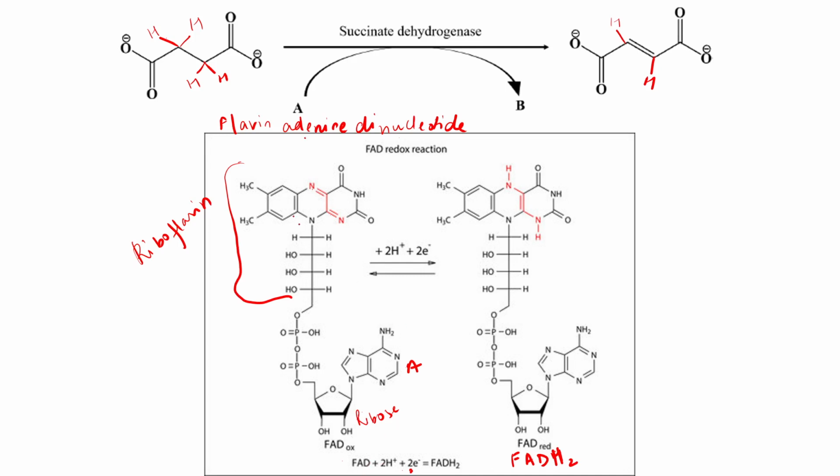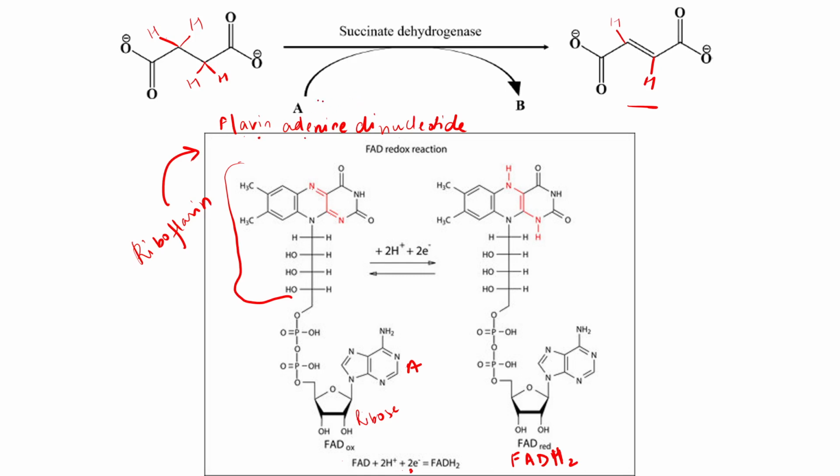So here the succinate molecule is dehydrogenated, two hydrogens are removed, and those two hydrogens are given to FAD to become FADH2. FAD is basically the active form of riboflavin. Riboflavin is vitamin B2. So from riboflavin we get FAD.